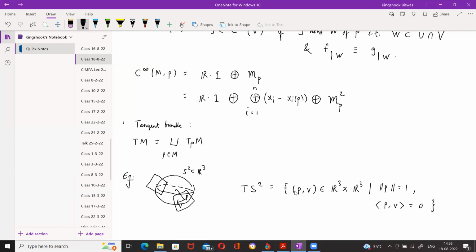Okay. And it's easy to see this has dimension 4 because you're sitting inside R6 and you have 2 constraints, right? Norm P equal to 1 and inner product of P and V equal to 0. So each constraint cuts the dimension by 1. So the dimension will be 6 minus 2, that's equal to 4, right?